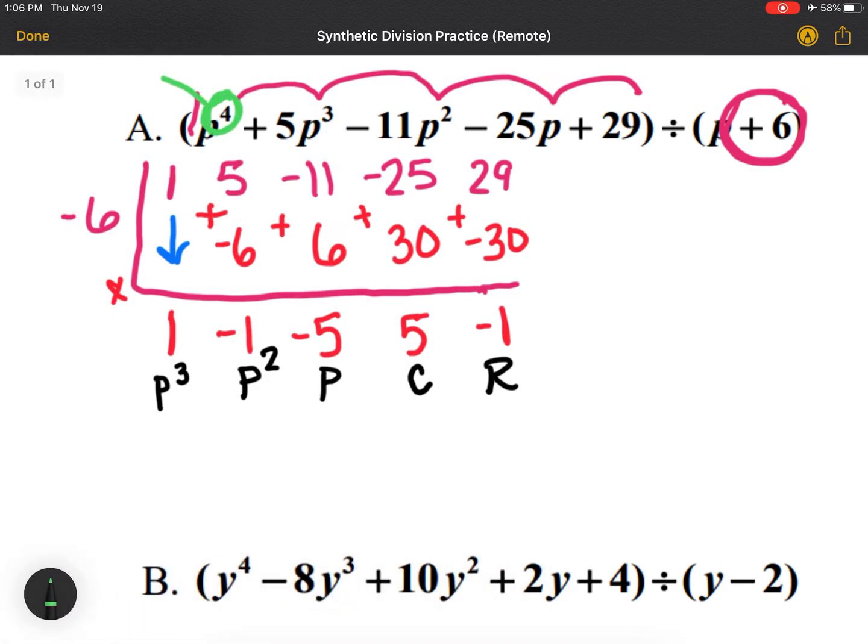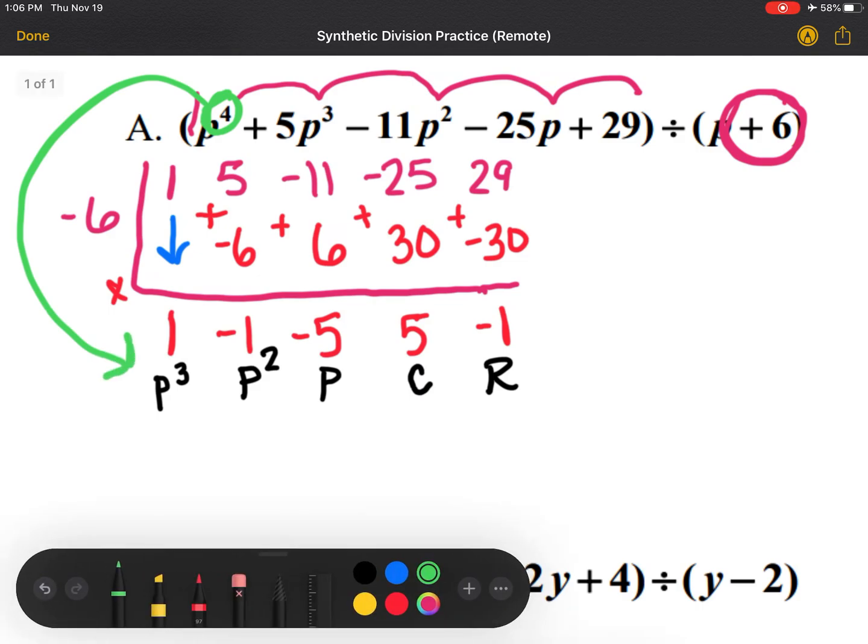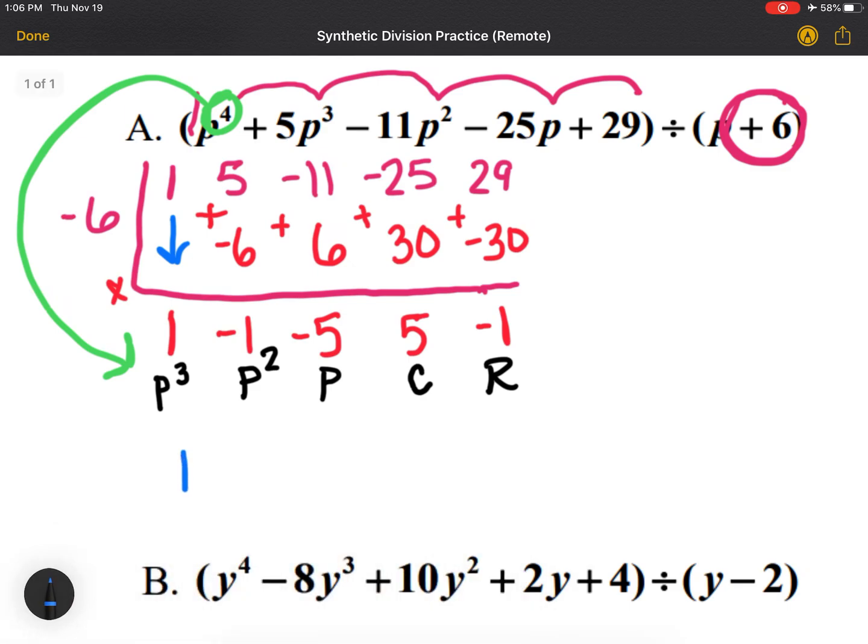Okay, so see how we started with a 4? I'm going to end up with a 3. Okay, and if I read these from top to bottom, because that's not completely done yet, that's p to the third power. You could put that 1 out front if you want to. Minus 1p to the second power. Again, you could put that 1 there.